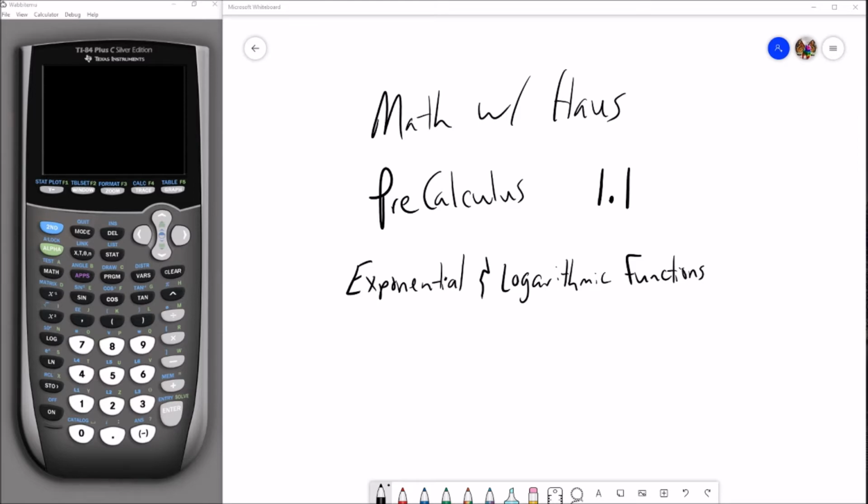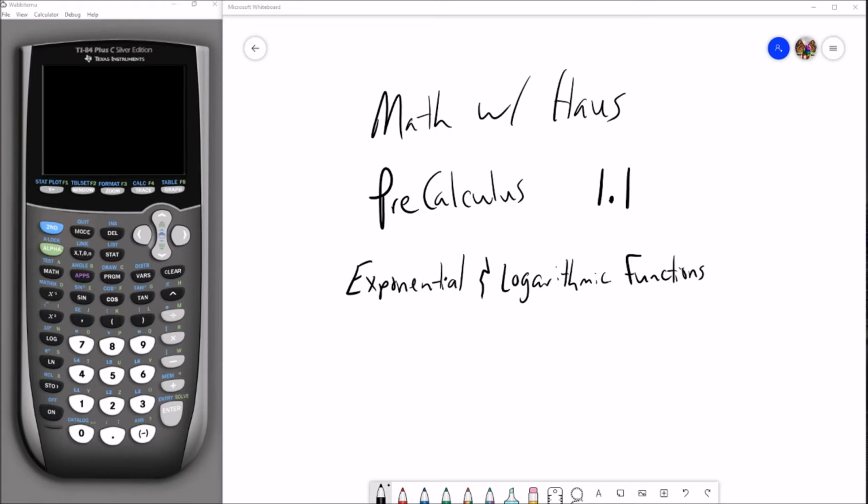Now, a lot of pre-calculus classes will start with a review of algebra, and they'll explore linear equations, polynomials, rational functions. I'm going to bracket that aside and save that for a series on algebra if I ever do that, simply because I find that it's not as intriguing to me as exponential and logarithmic functions.